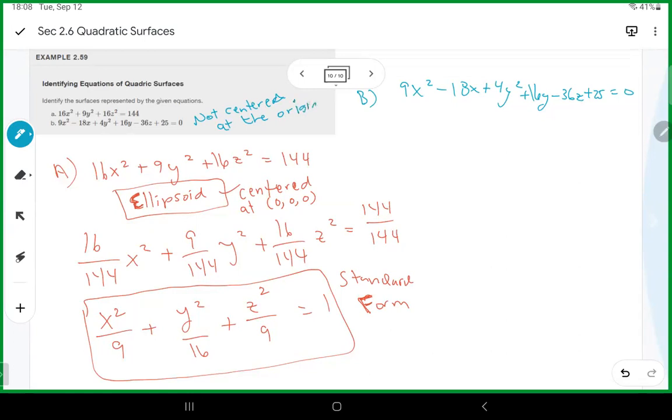I don't understand why i's are so hard to write on here. So we need to complete the square to put this equation in standard form. Okay. So this is going to be long.